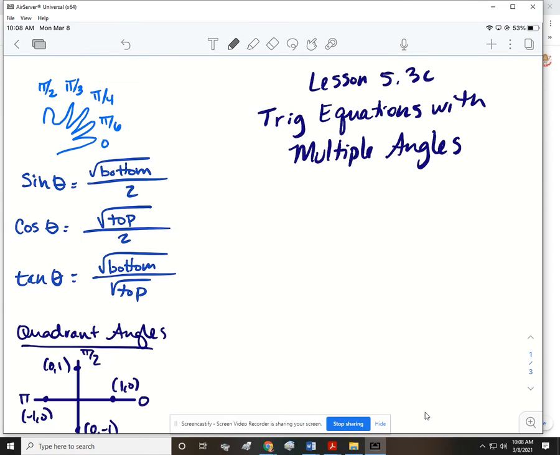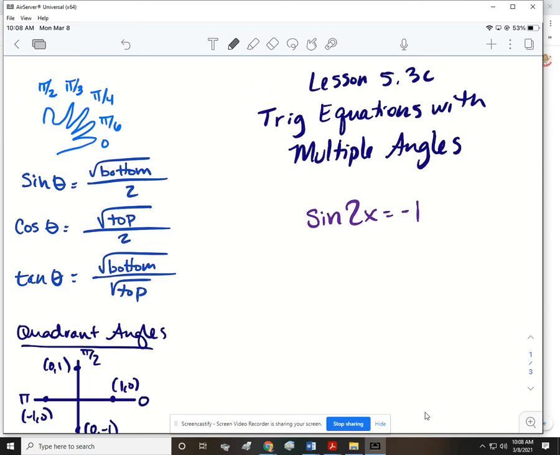All right. So I'm just going to start off with a basic one. That's not going to be an example, just one we work on. So we have sine of 2x equals negative 1. If that 2 wasn't there, we would just say x equals and then figure that out.